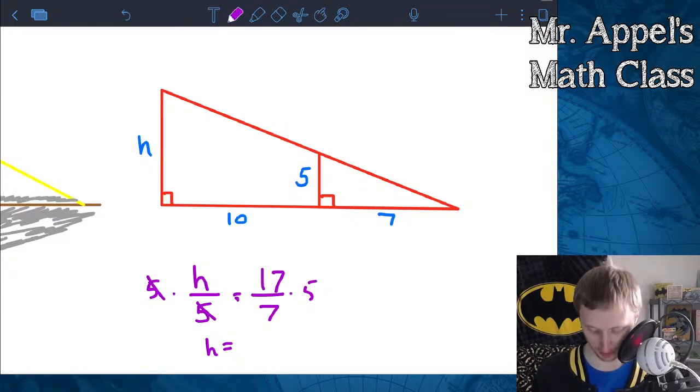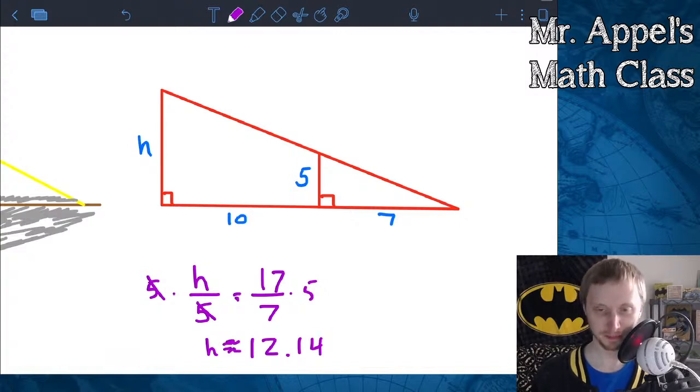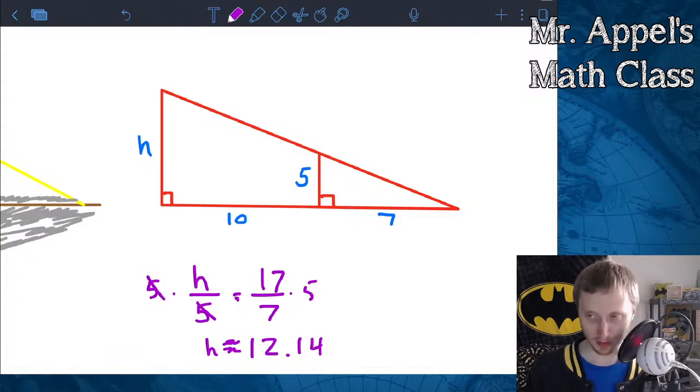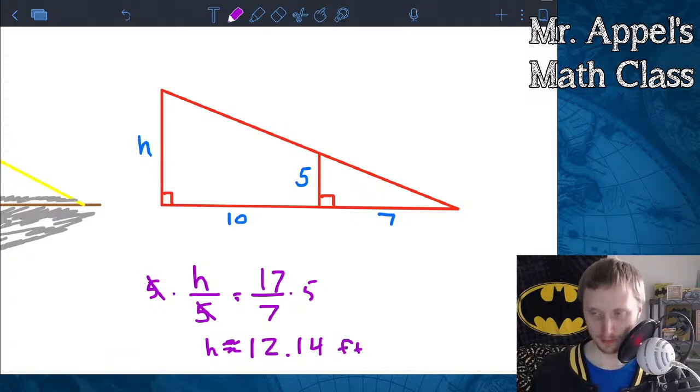And you should get something like 12.14, I believe, approximately. So that would be in, what did I say, feet? So that tree is 12.14 feet tall.